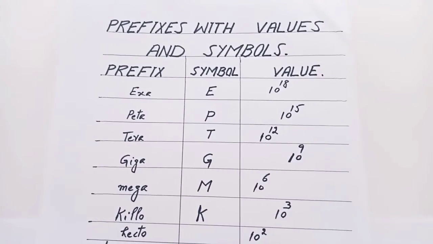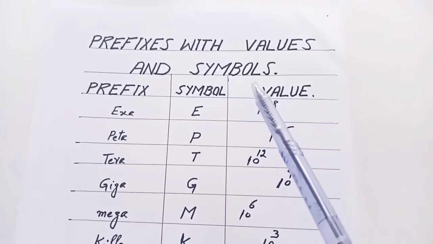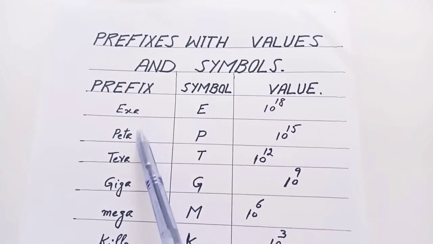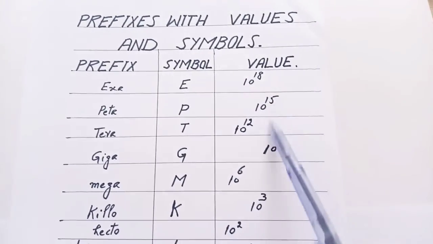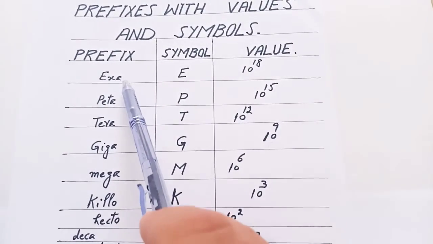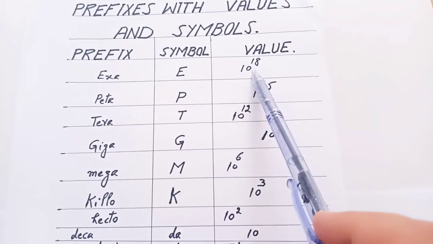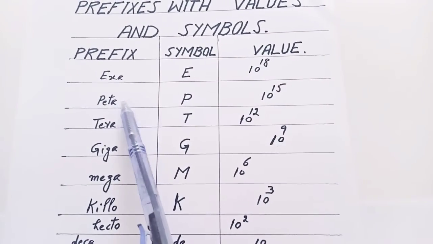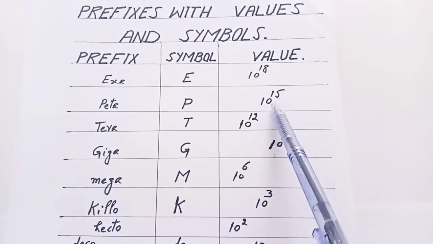Here the prefixes are given with their values and symbols. These are the prefixes, these are the symbols, and these are the values. For example, exa is a prefix, its symbol is E and its value is 10 power 18. Peta is a prefix, its symbol is P and value is 10 power 15.